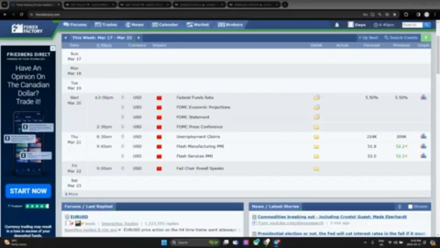Before Tuesday price, before Wednesday price, before Monday even, there is the true week open forming. We can just use the economic calendar to see when we will be expecting explosive price action, which more times than not, way over 80% of the times, gives us the high or the low of the week, right?